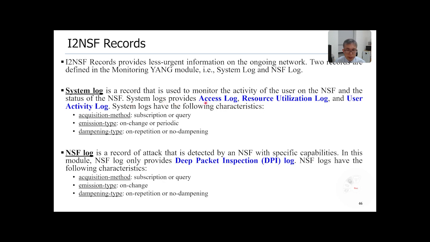System logs provide access log, resource utilization log, and user activity log. An NSF log is a record of an attack detected by an NSF with specific capabilities, such as the packet inspection DPI log.